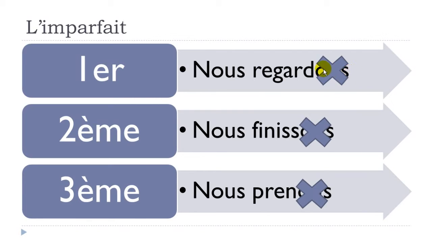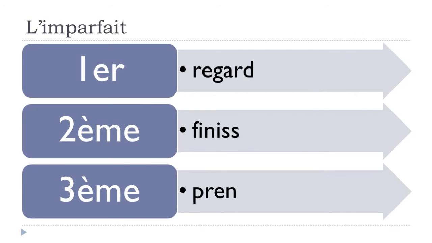And the ending of nous is ons, like you saw here, here, and here. So this ending, you will take it away. Then that's the thing we will keep. Regarde like that, without the ending for nous. Finiss, without the ending for nous. And then prenn, without the ending.